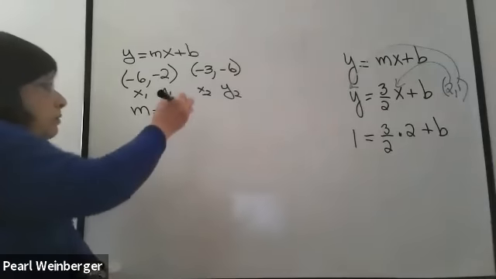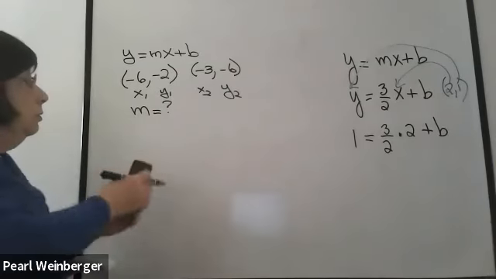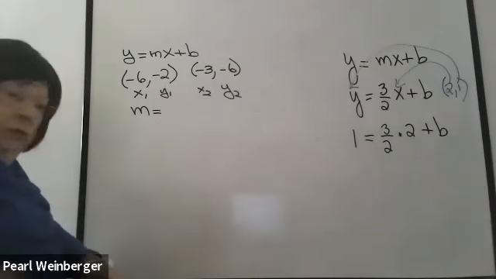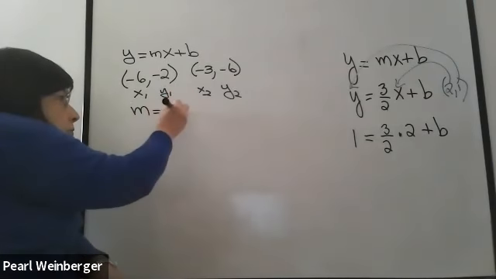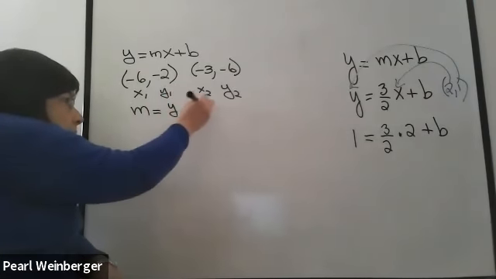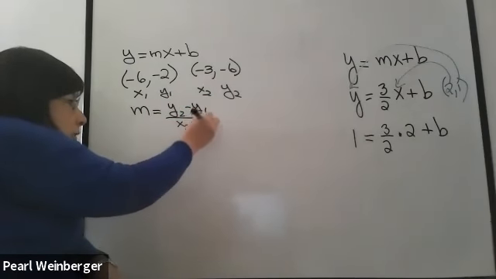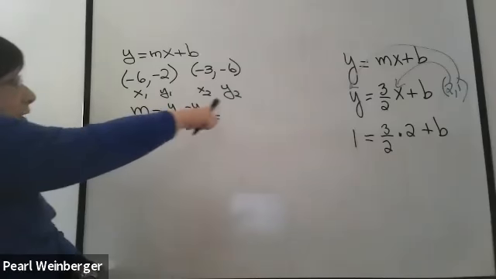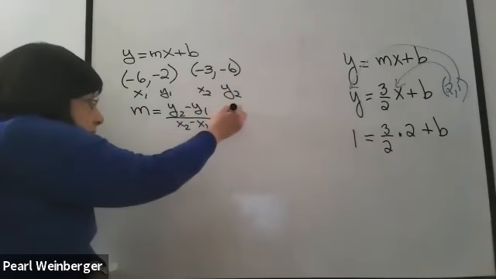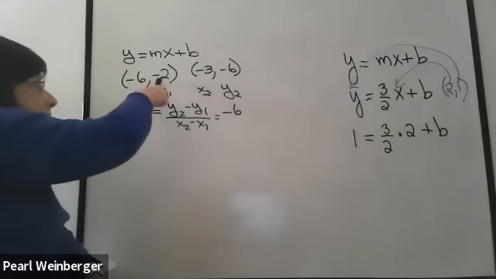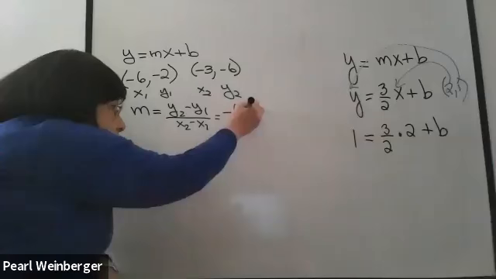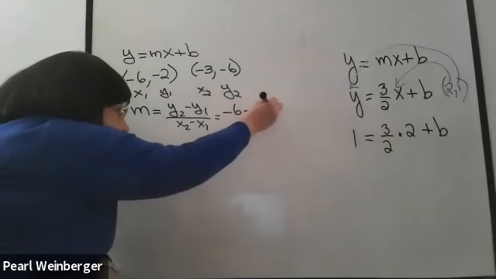We find it by using the formula y2 minus y1 over x2 minus x1. My x2 I said is going to be -6. My x1 is -2, so it's -6 minus -2.